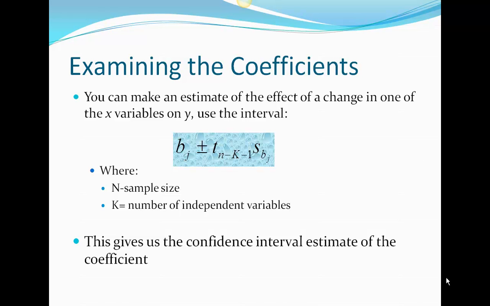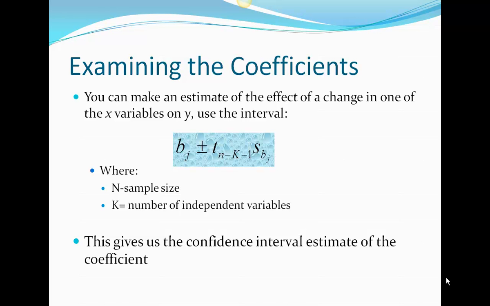It's looking at that beta plus or minus t, the t statistic, times the standard error of that beta, where n is the sample size and k is the number of independent variables. In this case, k is 2 because we have two independent variables, bonus and advertising.